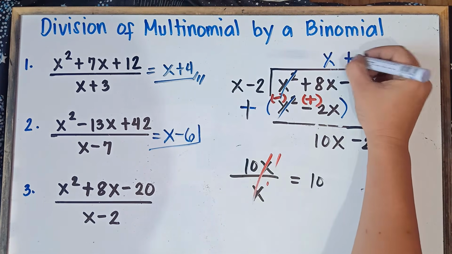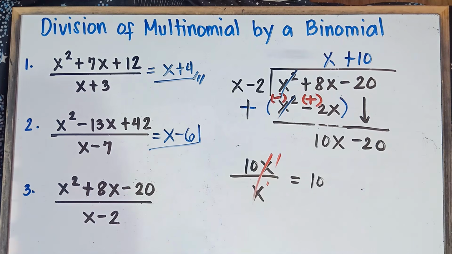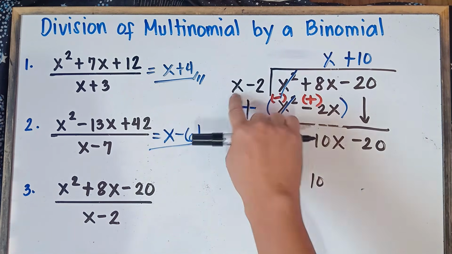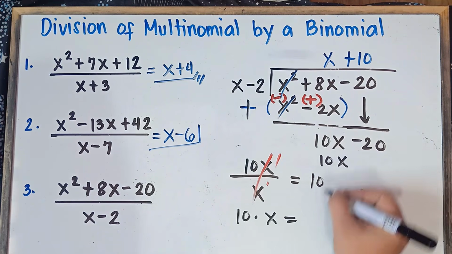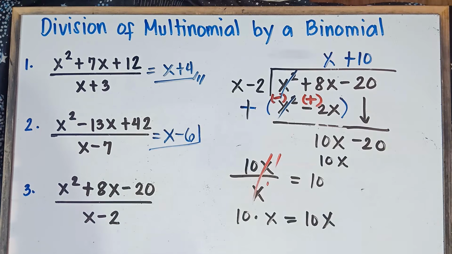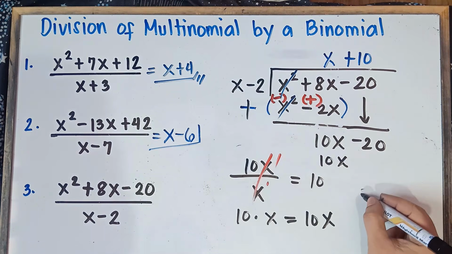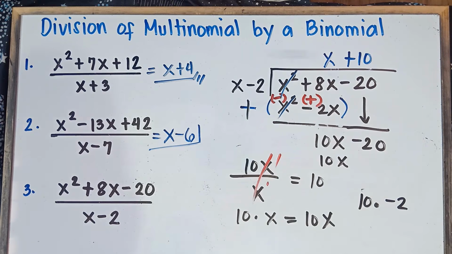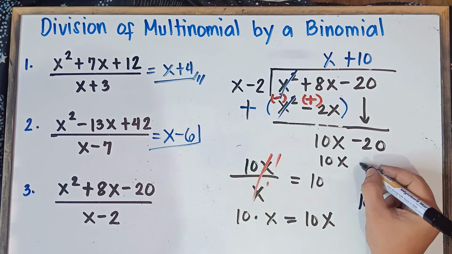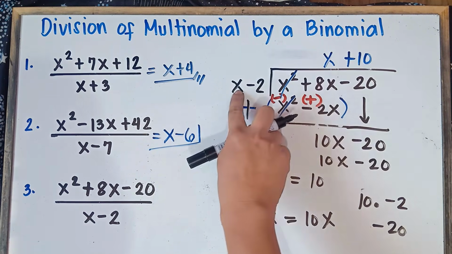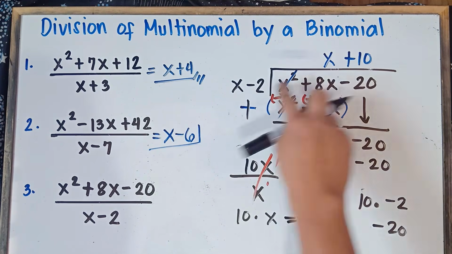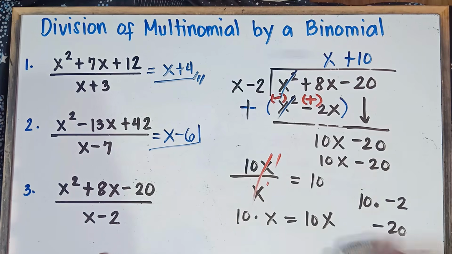And then do it in reverse. 10 times x would be positive 10x. And then 10 multiplied by negative 2, what's the answer, class? That's correct, that would be negative 20. So once again, 10 times x is 10x, and 10 times negative 2 is negative 20.